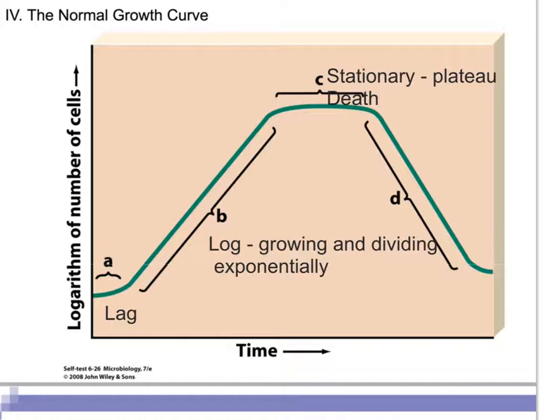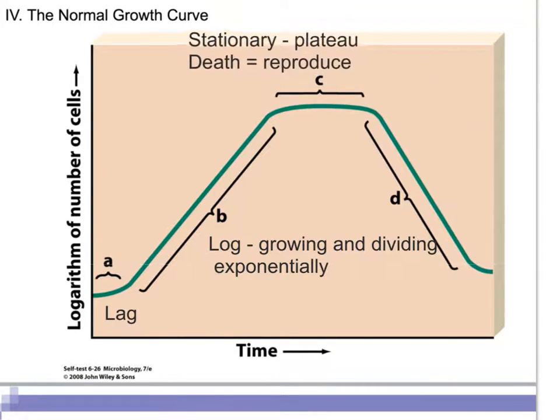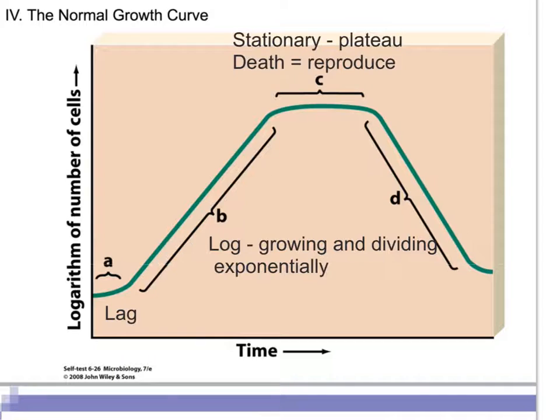So death and reproduction are the same, and it's totally flat. Stationary is a plateau. They're starting to die at the same rate that they're being reproduced.